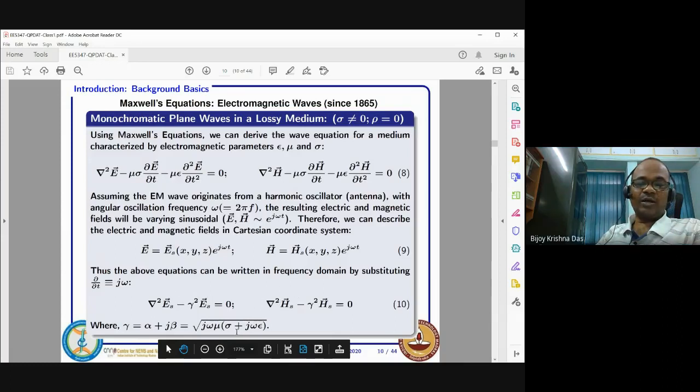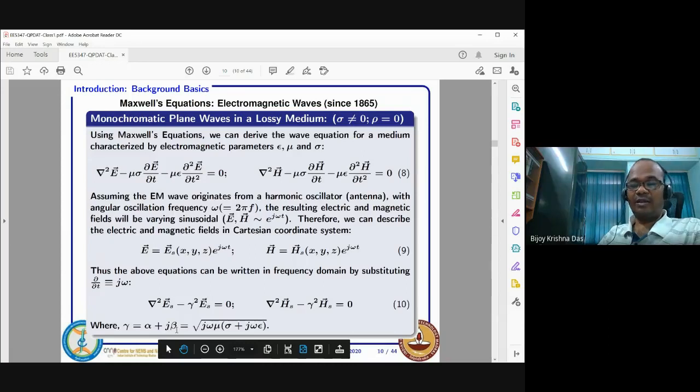Now the square root of j omega mu sigma plus j omega epsilon is equal to gamma. This is a complex form, so if you take the square root, actual gamma will become alpha plus j beta. It will have a real part and an imaginary part as well. Alpha and beta you can consider real. Alpha is the real part of gamma, and beta is the imaginary part.